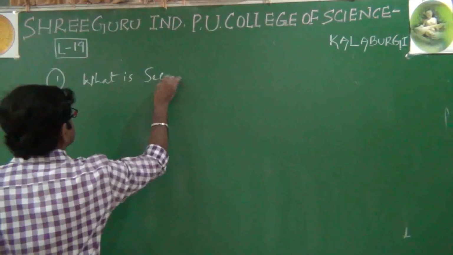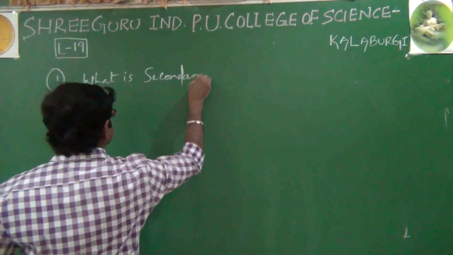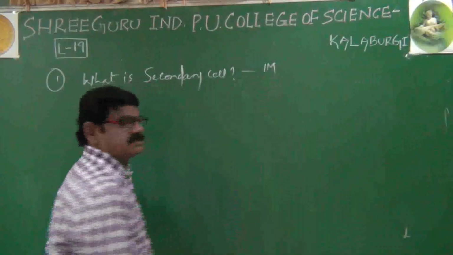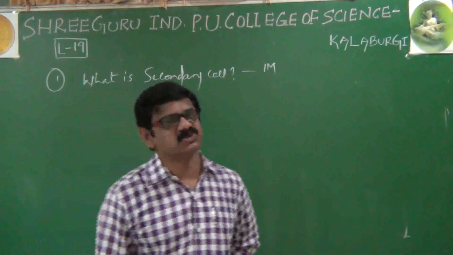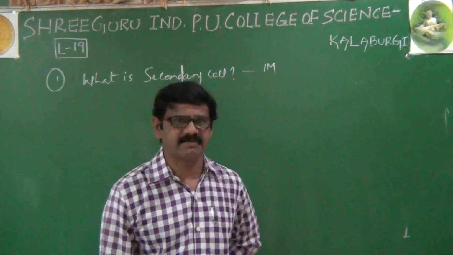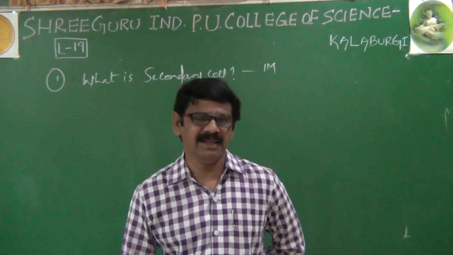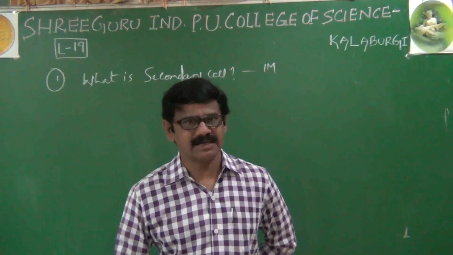This is for 1 mark. In yesterday's class only we have discussed what a secondary cell is. How to define a secondary cell? The cells which can be recharged and reused are called secondary cells.